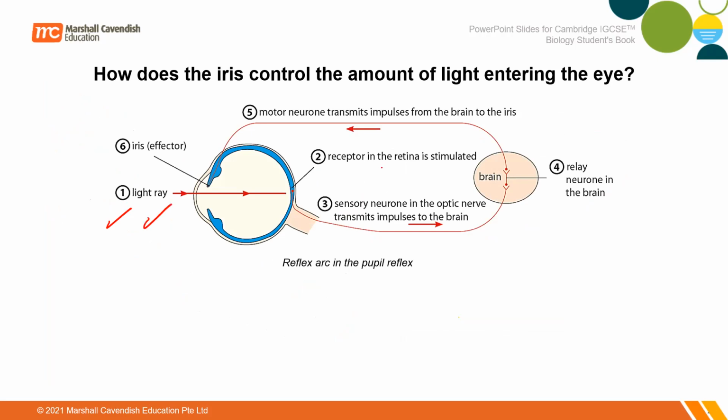Light rays, receptors, the sensory neurons transmit the message through the optic nerve to the brain, and the relay neuron will coordinate and regulate. Then the message will be transmitted through the motor neuron to the iris, and the iris is what controls this. Is the iris an effector or not?